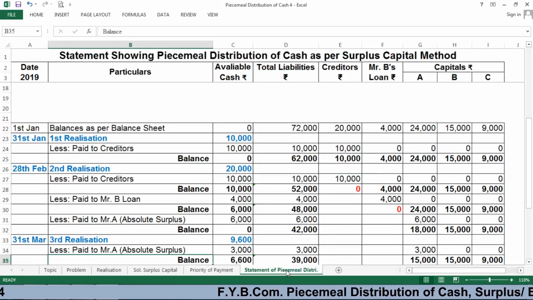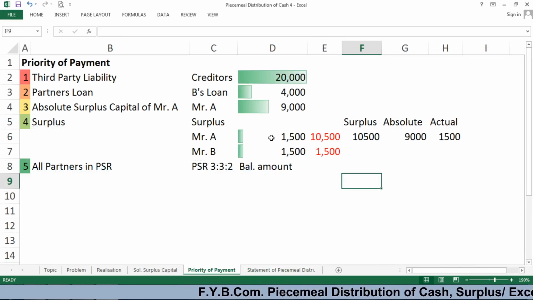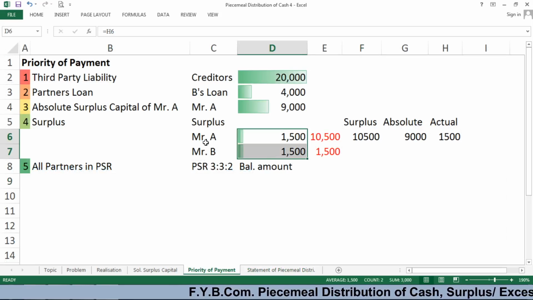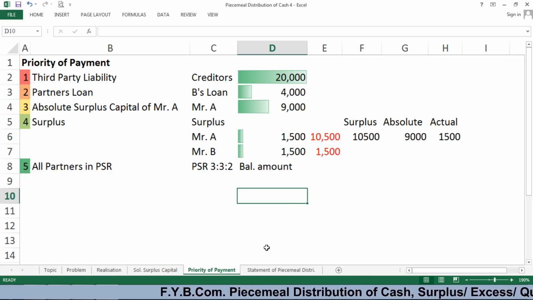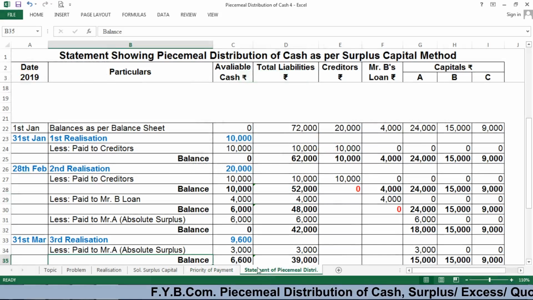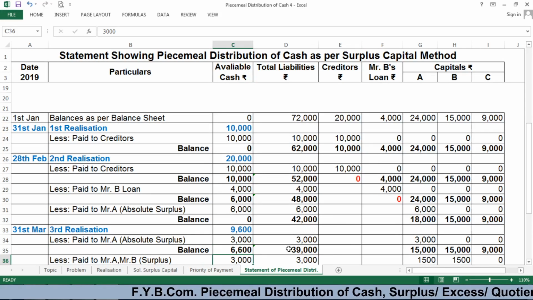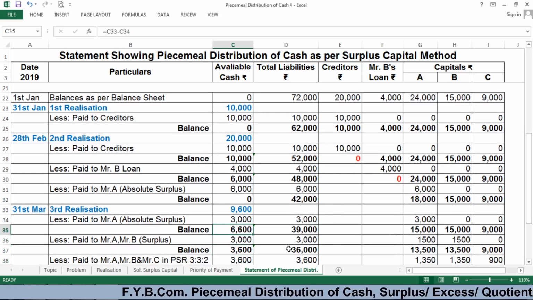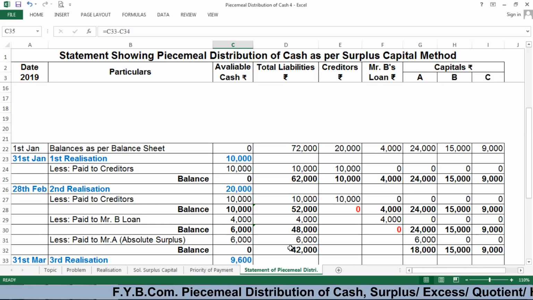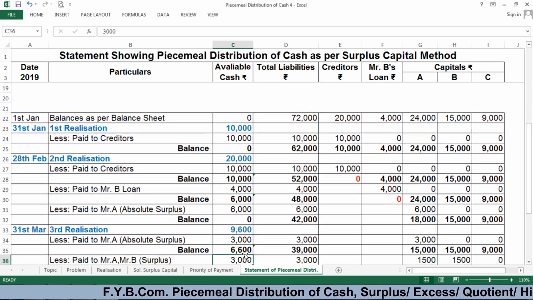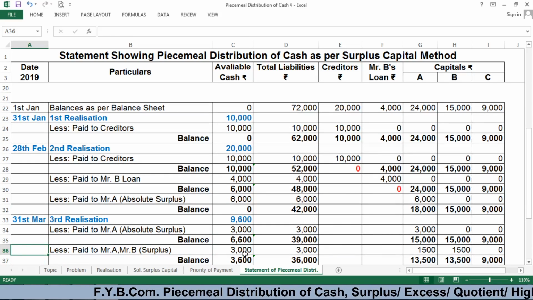Okay, now just turn towards this stage. That means we must have at least 3,000 for payment of surplus to Mr. A 1,500 and Mr. B 1,500. So total comes to 3,000. At least we must have 3,000, and we have it. So now in this step we have 6,600. We are going to pay Mr. A and B 3,000, that is surplus capital.